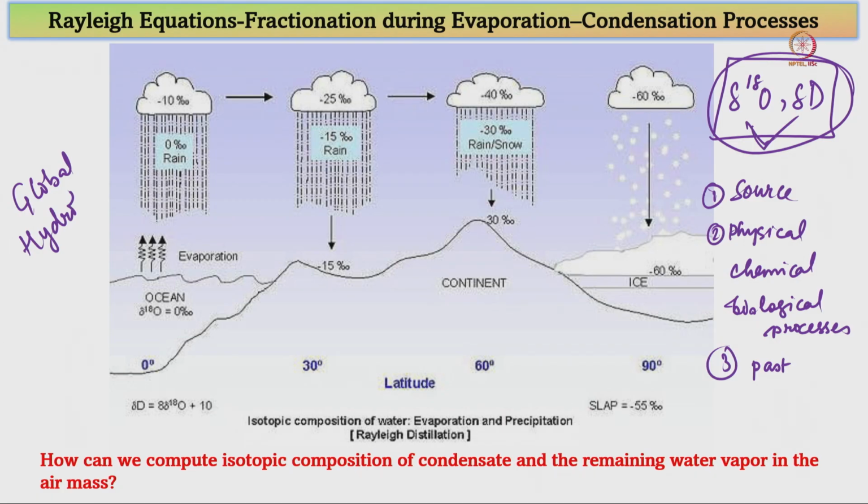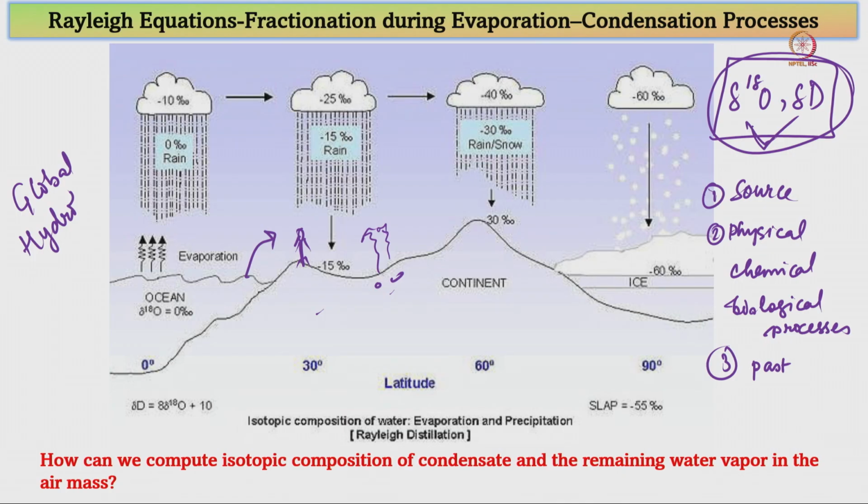Of course, when you are standing here in India, there will be some ocean water vapor, and there will also be the small water bodies, lakes, rivers, groundwater, evapotranspiration, that is also giving out a lot of vapor into the atmosphere.